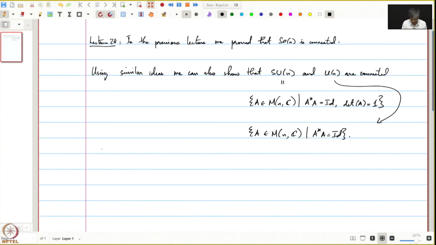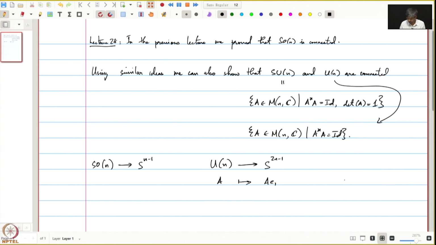So just as in the case of SO(n), we define this map to S^(n-1). For U(n), we define this map to S^(2n-1), where a matrix A gets sent to the first column.